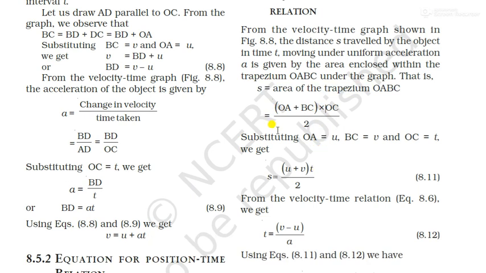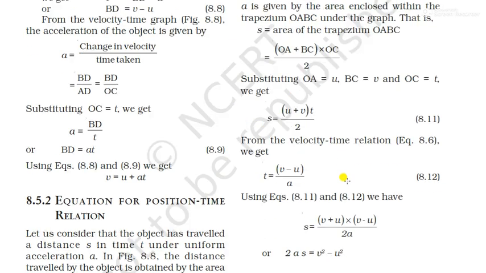Now substituting OA is equal to U, BC is equal to V, and OC is equal to T, we get S is equal to U plus V into T upon 2. And here this is slightly complicated. I'm going to solve this, how we get this.